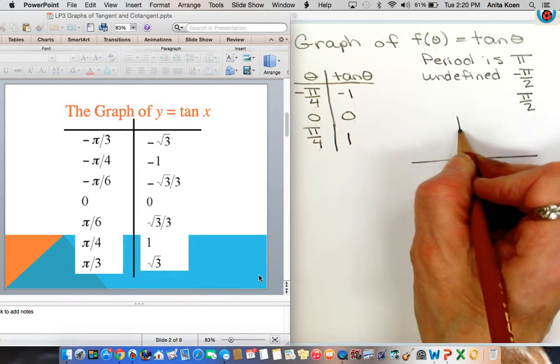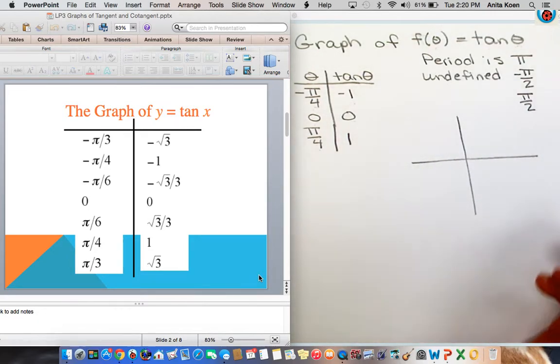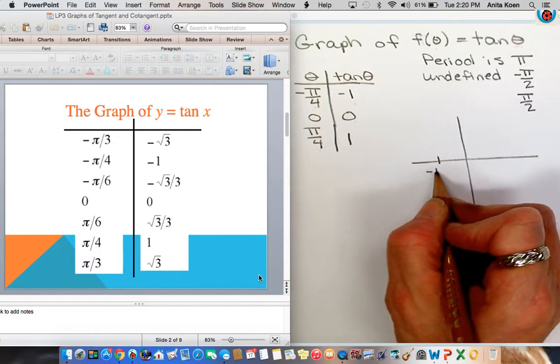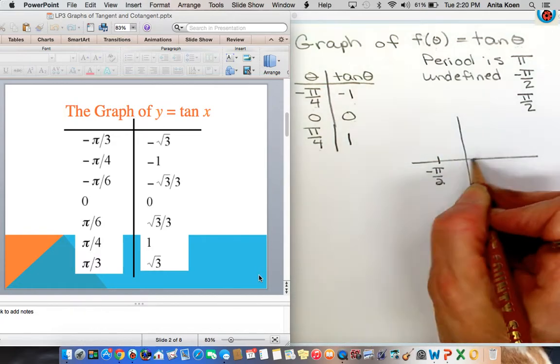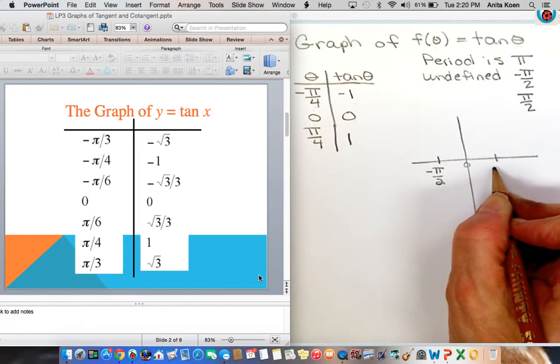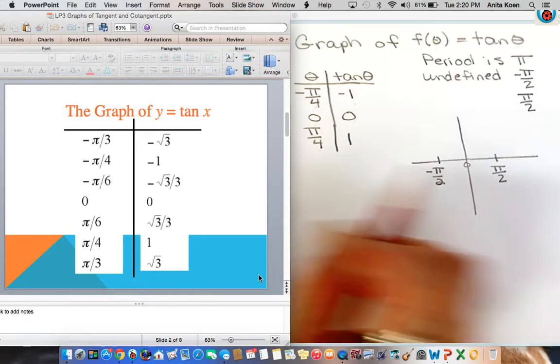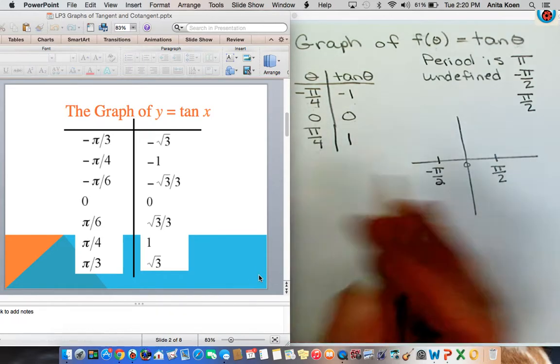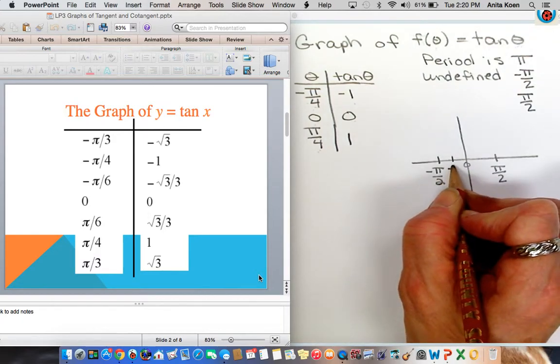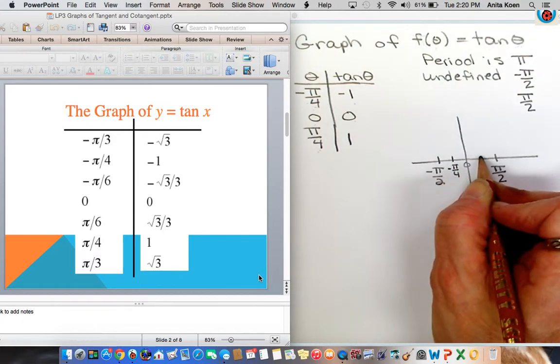So we're going to graph the tangent function now. Negative pi over 2, 0, and pi over 2. I'm also going to need negative pi over 4 and pi over 4.